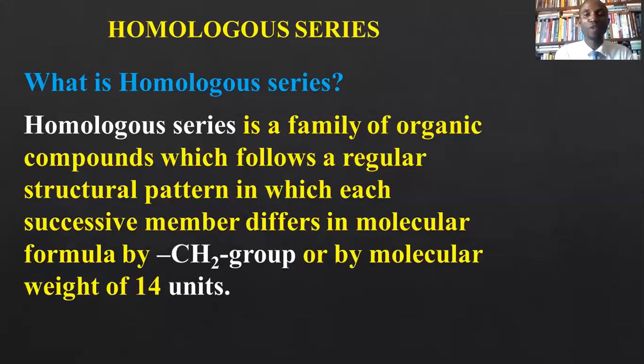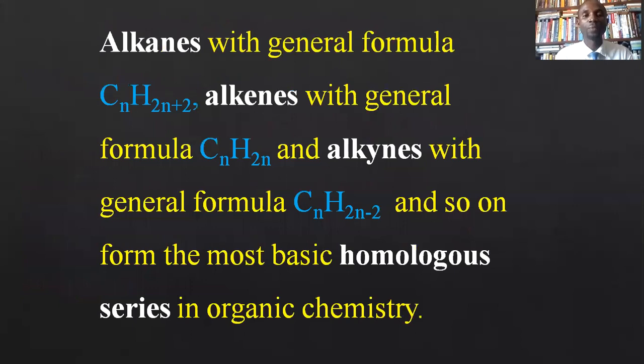It's a family of organic compounds. Now, alkanes, the general formula for all the members of alkanes is CnH2n+2. With this formula, you will get the members of alkanes to any number you want. The first carbon atom, you put n as 1.